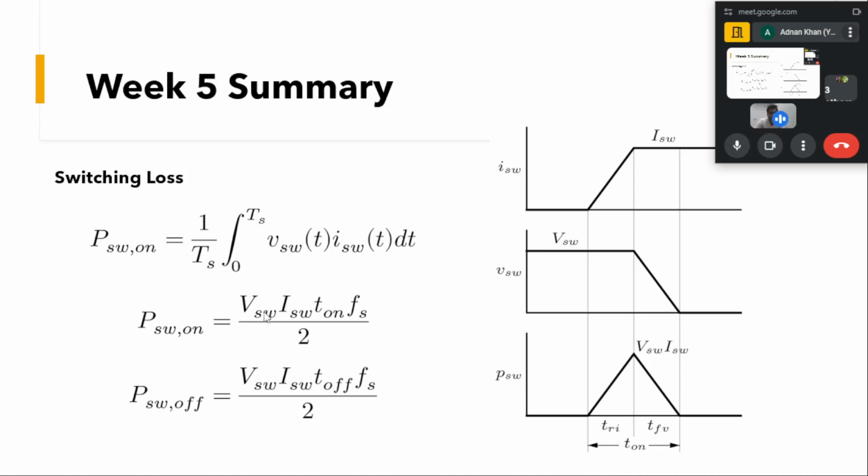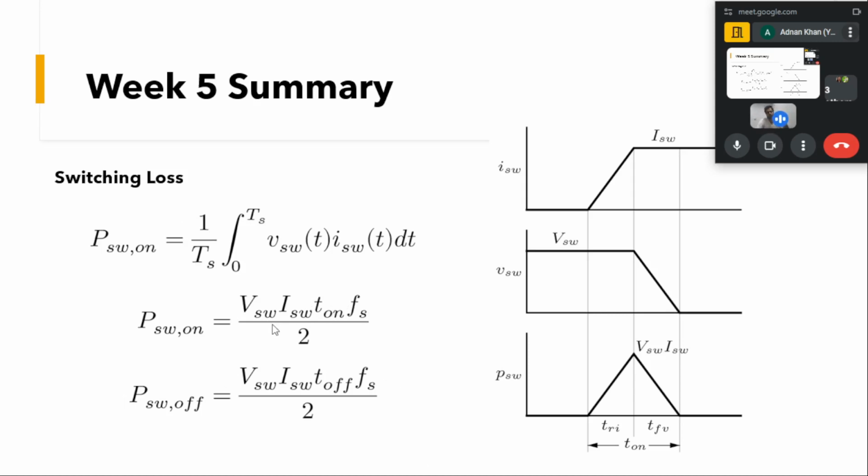Base will be T on, altitude will be Vs into ISW, and this is half of base into altitude, and for the average power loss we have to multiply by 1 by Ts, and we know 1 by Ts is equal to Fs.